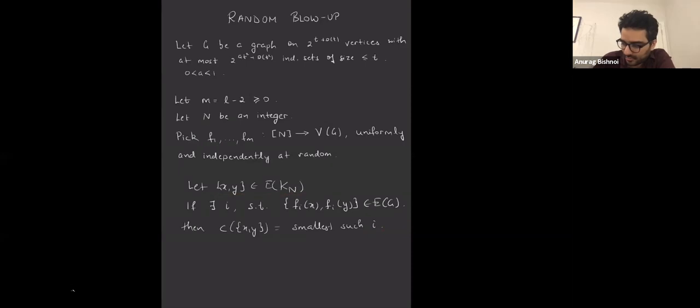And if not, then this color is chosen to be either m plus 1 or m plus 2, and this is done uniformly at random.